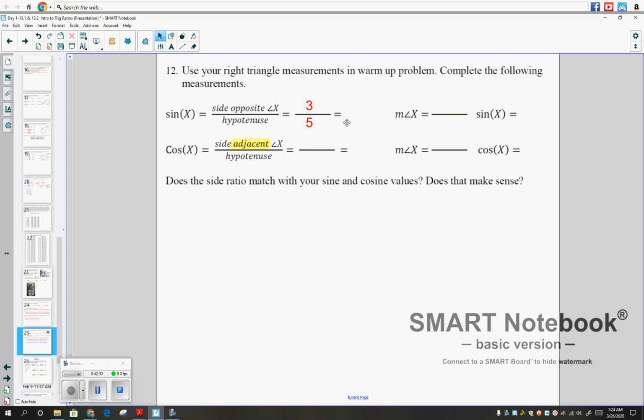So it's a ratio of 3 over 5, which simplifies the decimal to 0.6. Well, cosine was adjacent over hypotenuse. The adjacent side of my warm-up was 4. The hypotenuse is 5, so I get 4 over 5, which is 0.8.